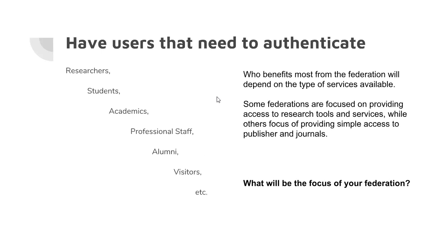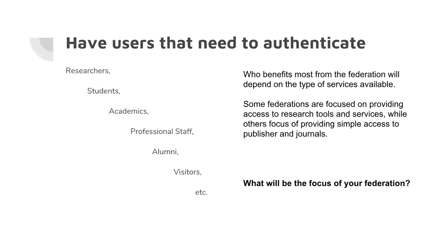The next requirement is that an organisation has to have users that need to authenticate. So as I said, we've got researchers, students, academics, professional staff, alumni, visitors, etc., all different classes of users who would benefit from the services that are available in the federation. So who benefits most from the federation will depend on the types of services that are available in your federation.